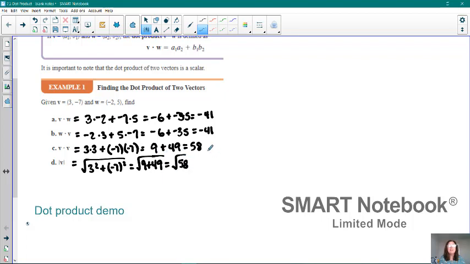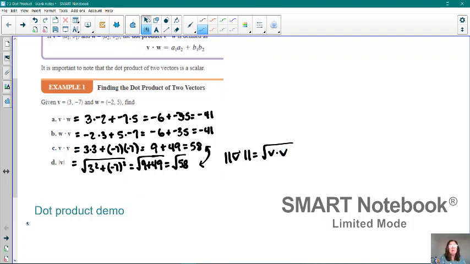So what we want to notice in these two, as we look at part C and part D in the example, we could even think of the magnitude of any vector v as being equal to the square root of v dot v. Who knows when that might come in handy.